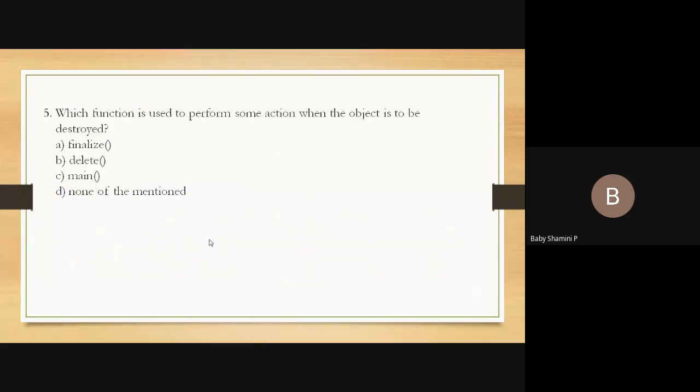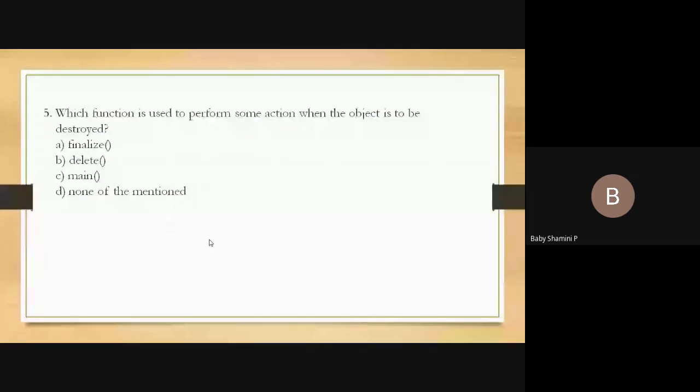Okay, next one. Which function is used to perform some action when the object is to be destroyed? If you want to destroy some objects, which function is used before that? Any answer?